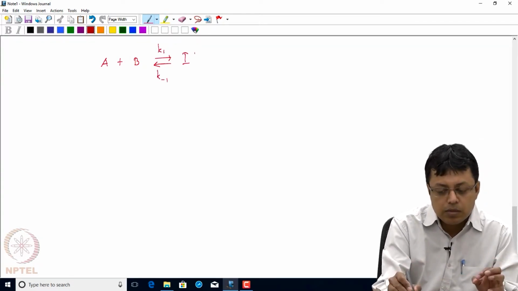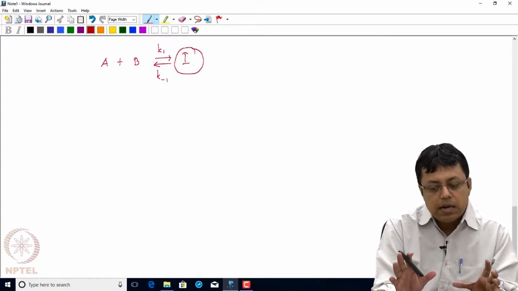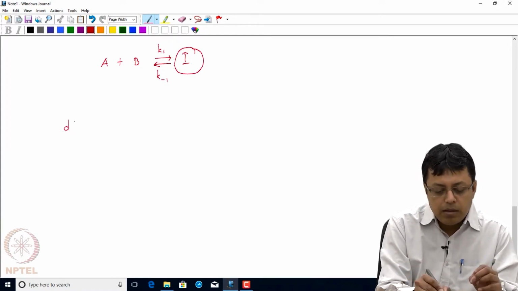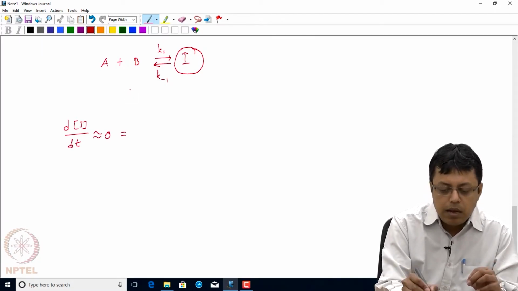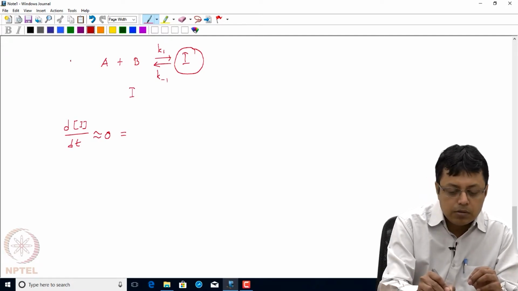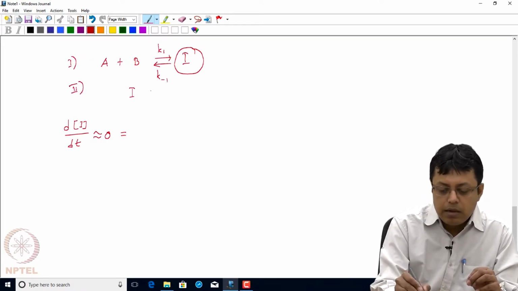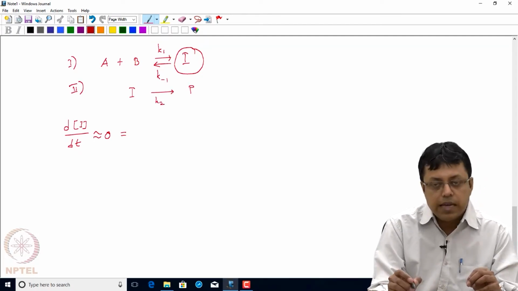What we're going to say is that this intermediate is under steady state, so that the concentration of the intermediate doesn't change with time. That we are going to approximate here. This is the first step and this is the second step, and in the second step I will have a direct formation of the product with a rate constant K2.